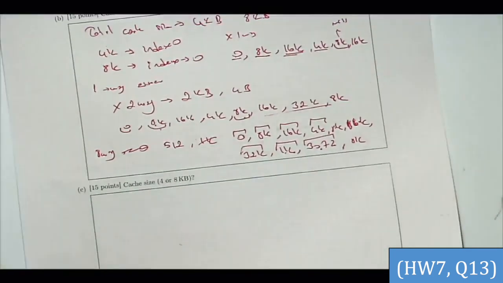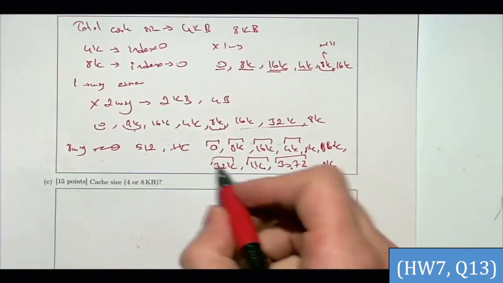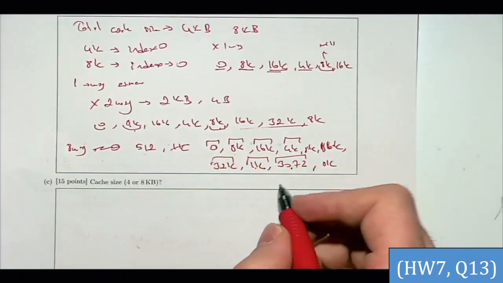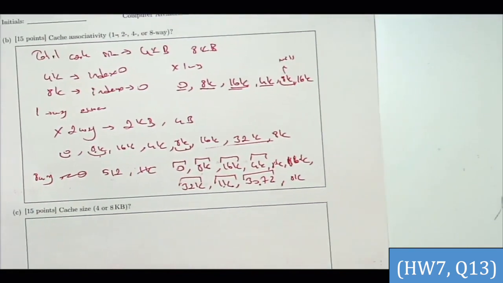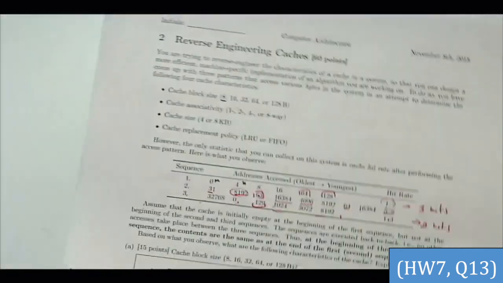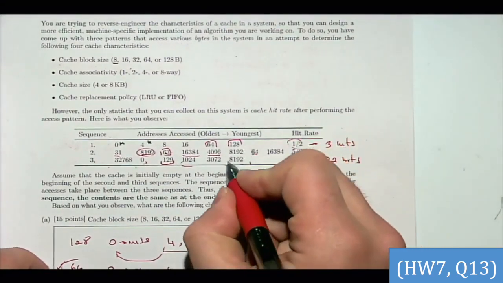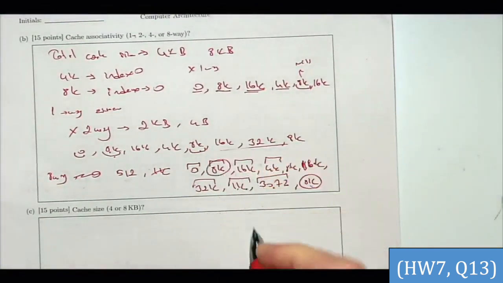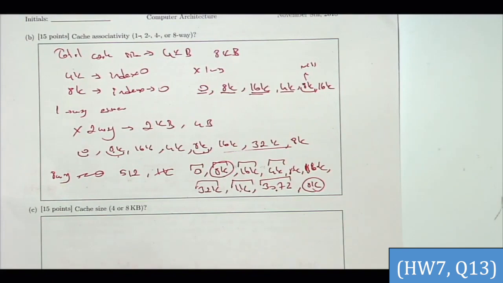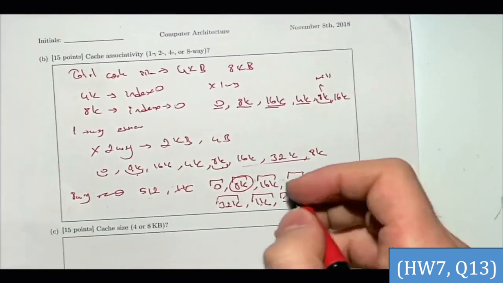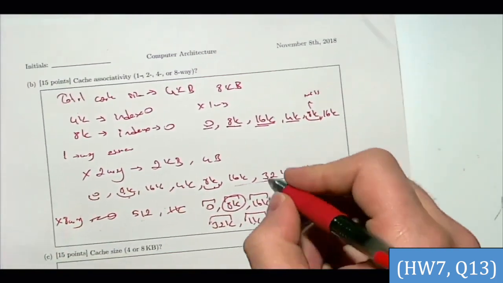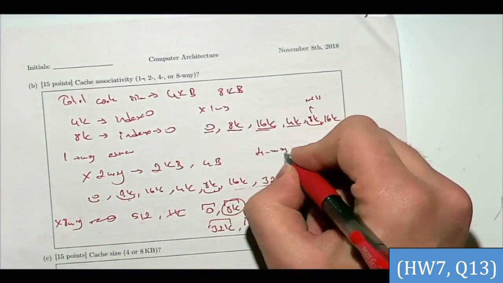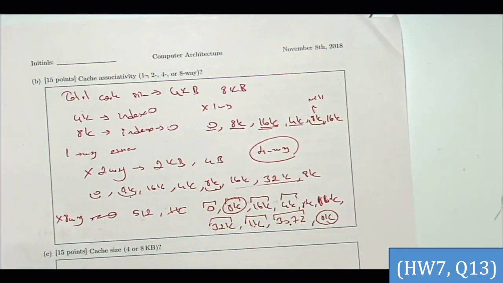But if this is an 8-way associative cache, I will end up with 8K as a hit, because this is already in the cache previously, all right? So again, 8-way won't work for us. Then 4-way is our only option left for this one.